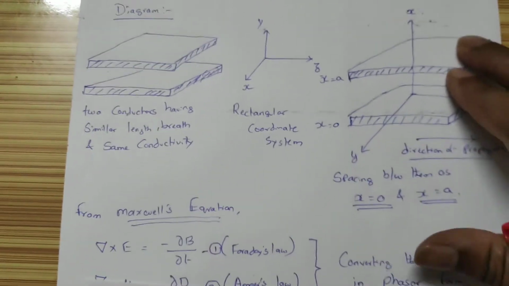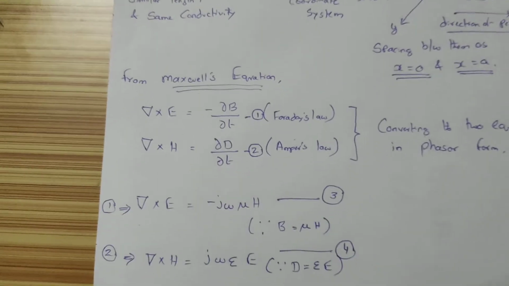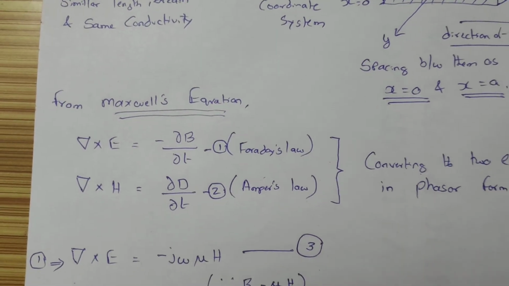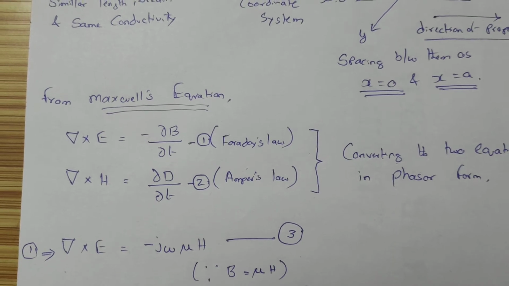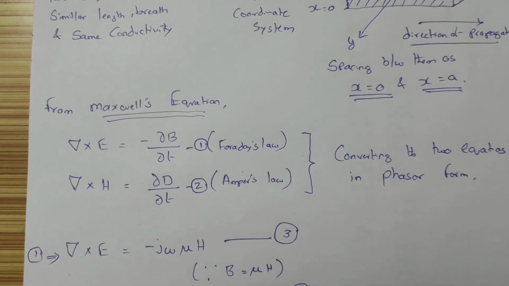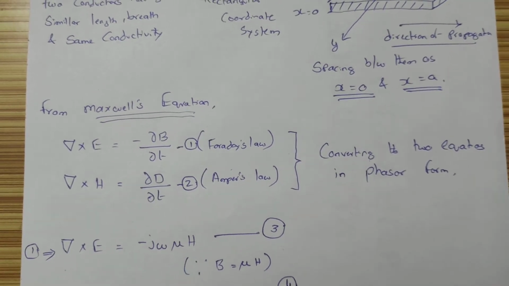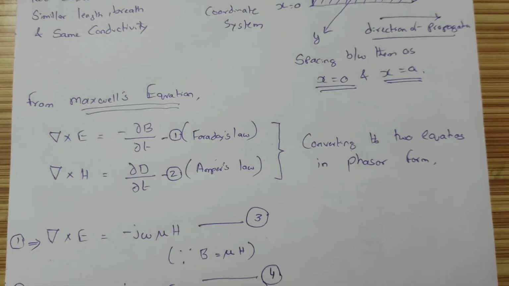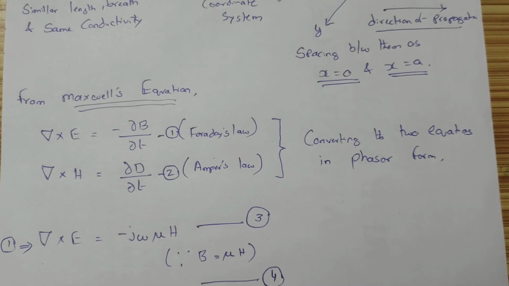Okay, further continuing with the derivation, what are the necessary equations which are required? In order to solve this problem, we require Maxwell's equations as well as the wave equation. Now let me start with Maxwell's equations. As we had studied in electromagnetic fields, what are Maxwell's equations?